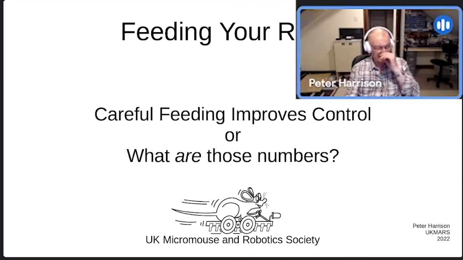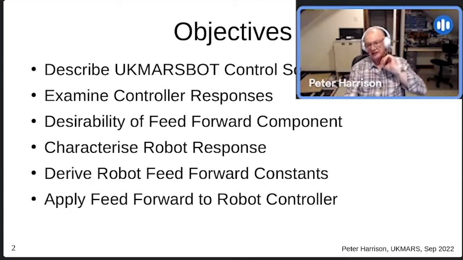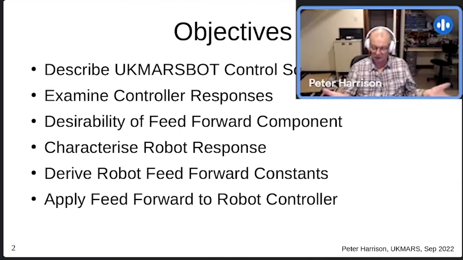So today, what I want to do is to go over a few things, specifically about the control of the robot. I want to describe how the robot is controlled in the software and what the control loop looks like, or control loops. I want to see how the robot responds. And in particular today, we're going to be talking about those magic numbers, the feed-forward numbers is what they are.